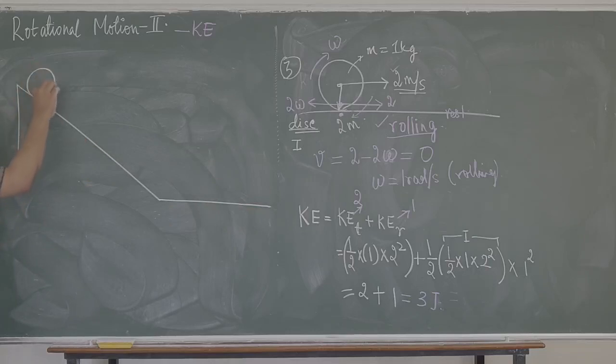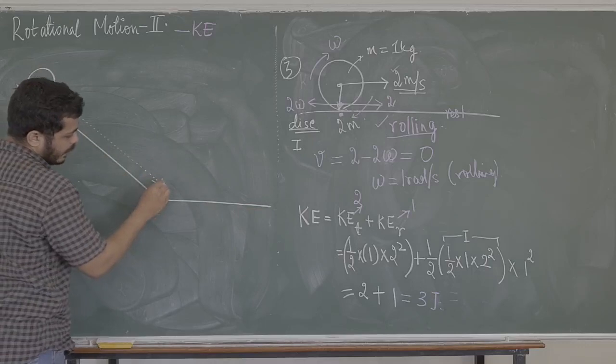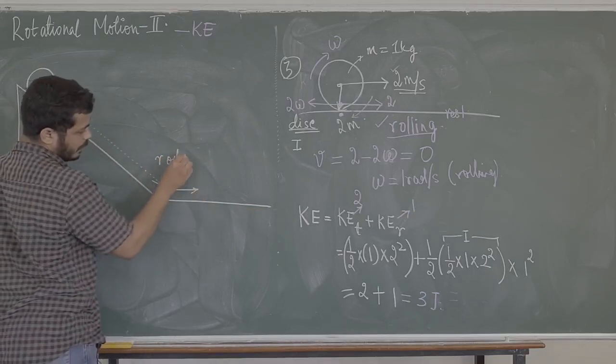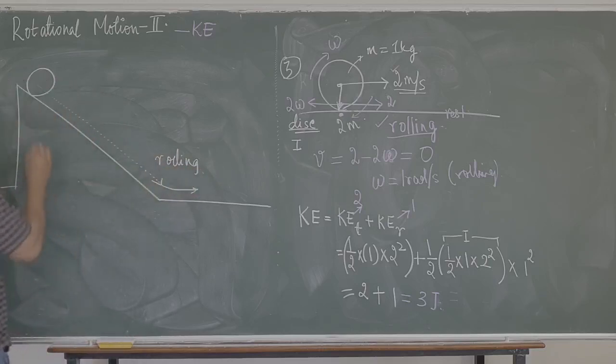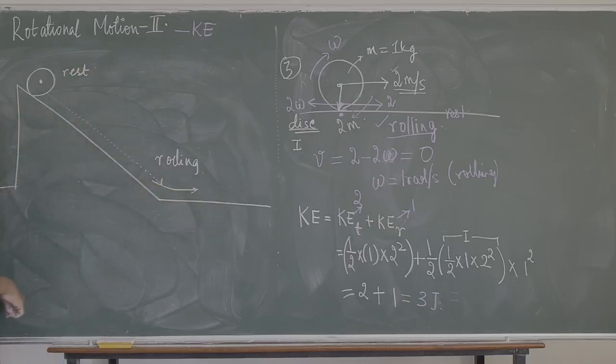So this is a disc, and down this inclined plane some object is rolling down and then it moves forward also. So keep in mind that the object is rolling. Let us say initially the object is at rest and finally when it reaches over here it is rolling.